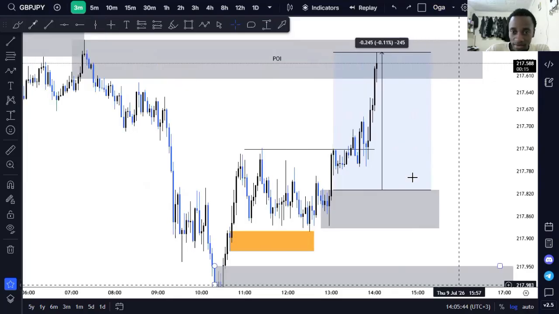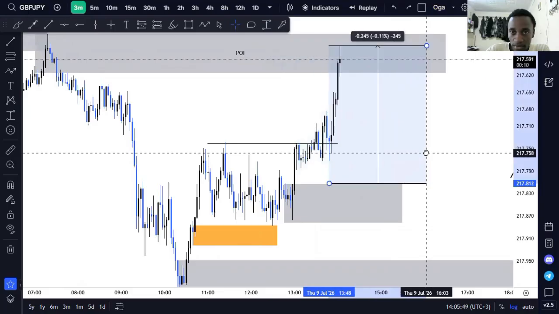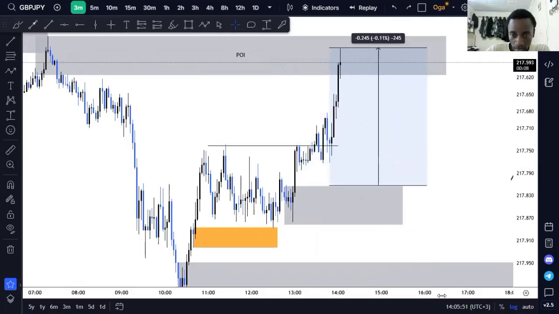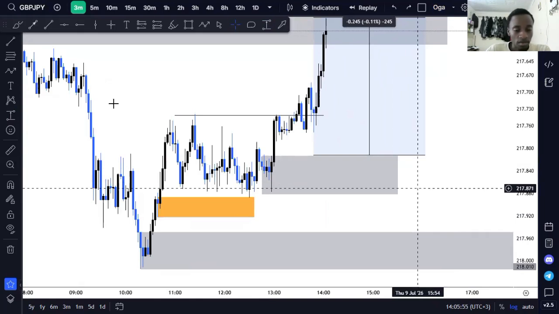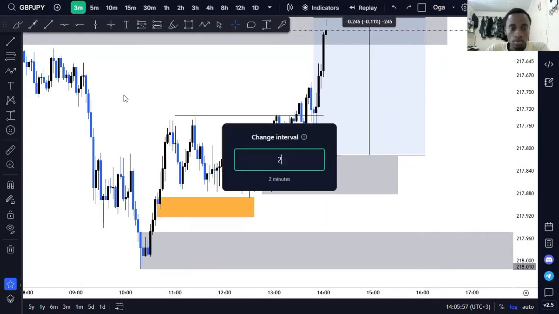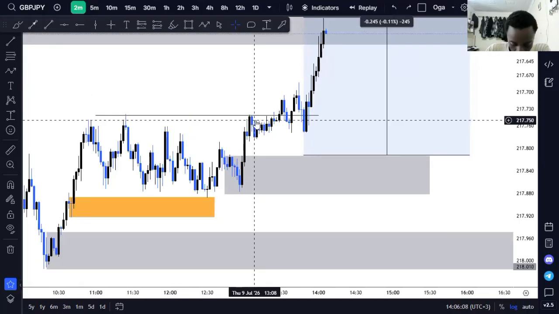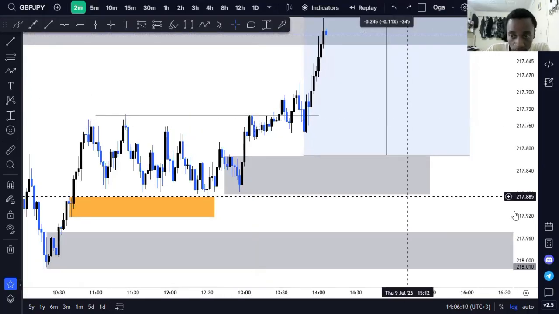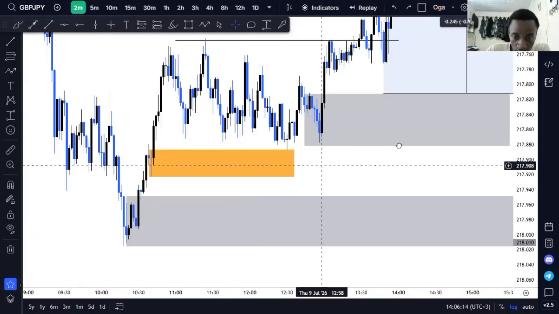Don't mind, I know I'm talking about a lot of things. I'm trying to analyze it on lower time frames so that I can see. Let's check on 2 minutes. Two minutes also had a structure.